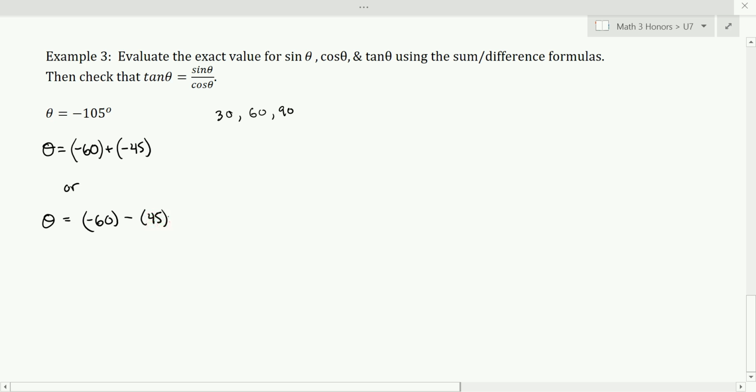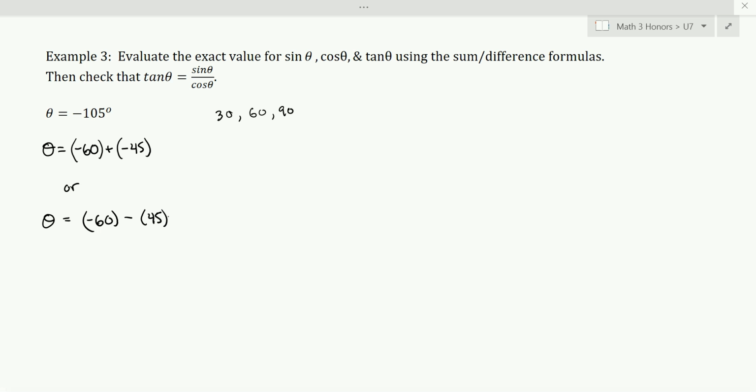Okay, the difference is, so you can use, in this formula, I'd use the difference formula. Here I'd use the sum formula. And there's actually other things that we can come up with. Come up with one more that would work. Don't use 60 and 45. Make 105 with something else that we know. With something else that we know how to work with.